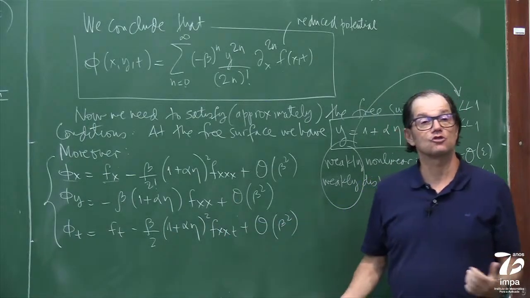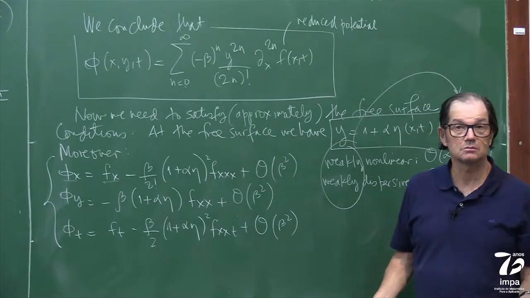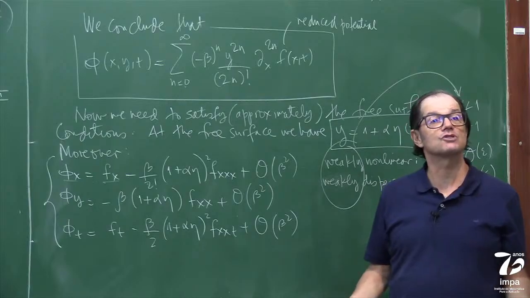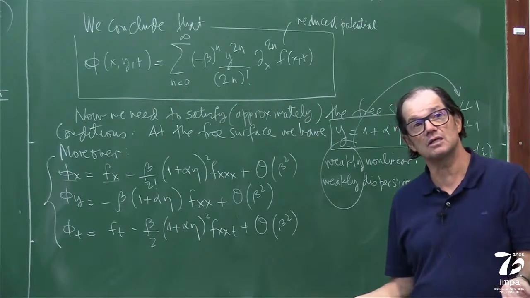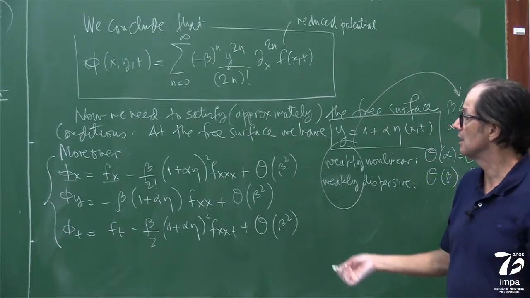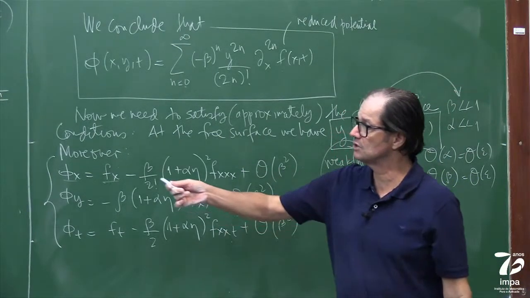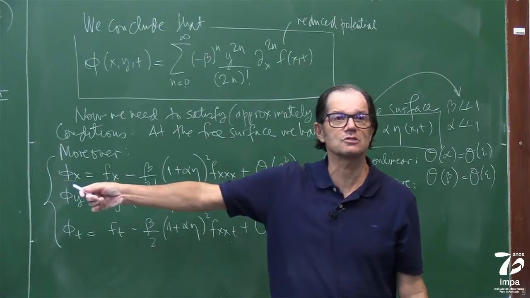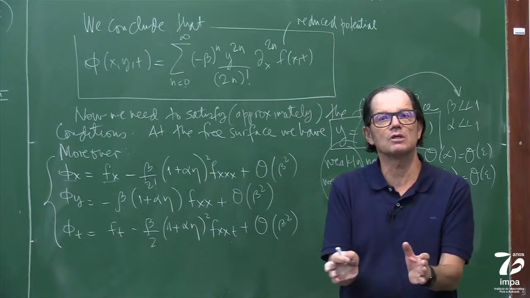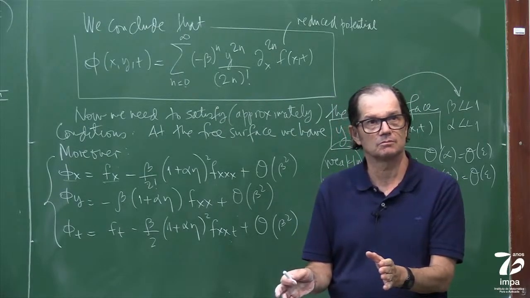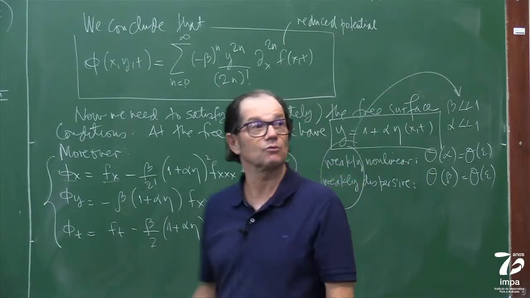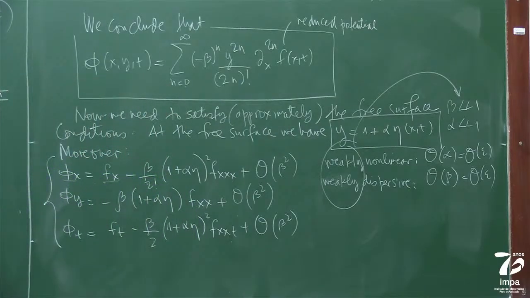And the same here. So what I have to do now, to get my Boussinesq equation, which is my reduced system, my reduced model, is to plug this into those equations and collect only the order alpha and the order beta terms. So this is what we're about to do. We have time. Good.